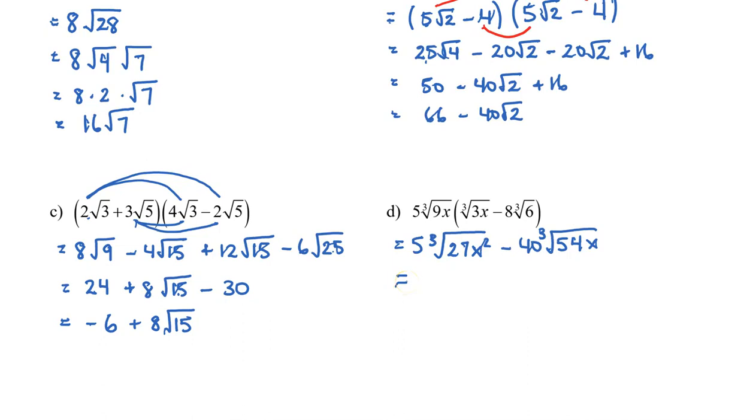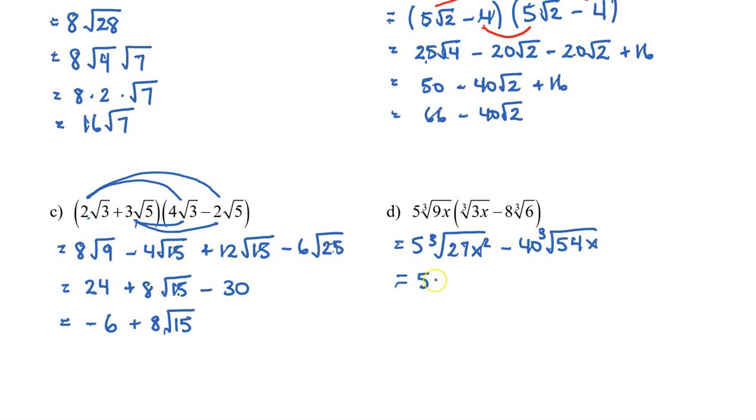All right, so now let's simplify. So right now we can't join the two together because they're not like radicals. We have a 27x squared in the first one and a 54x in the second radicand. Now what we can do, however, is we notice that we can cube root 27, and the cube root of 27 is actually 3. So I'm going to show this as a separate step so you can see.